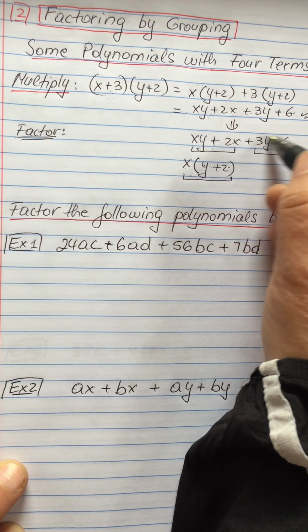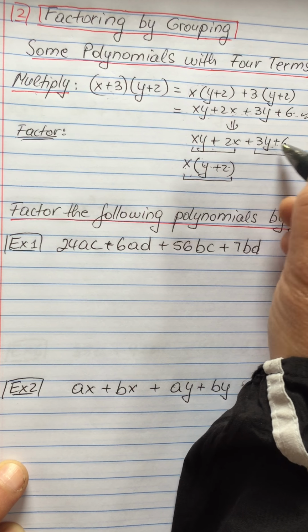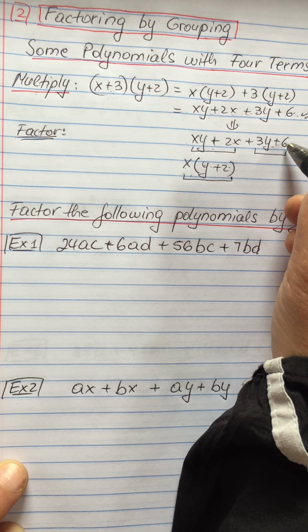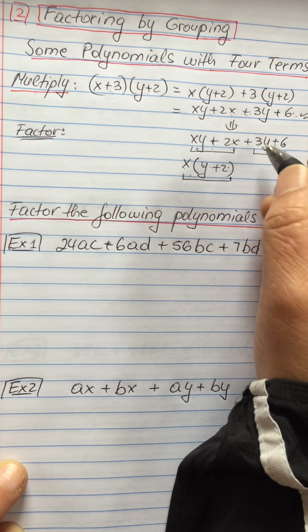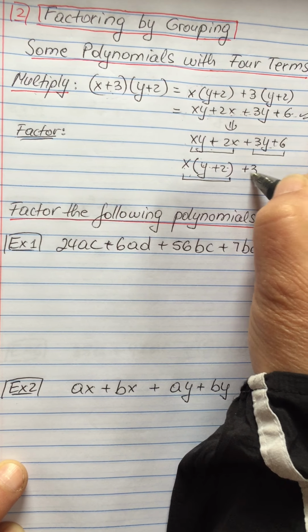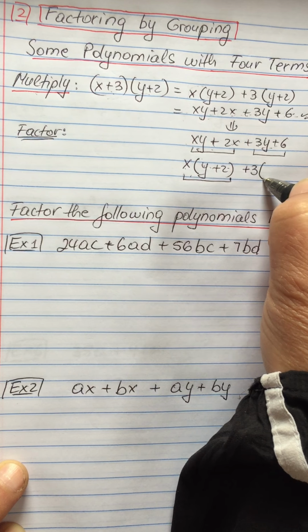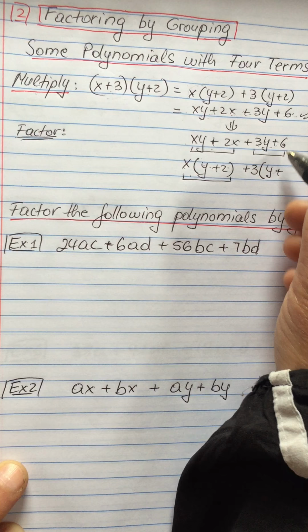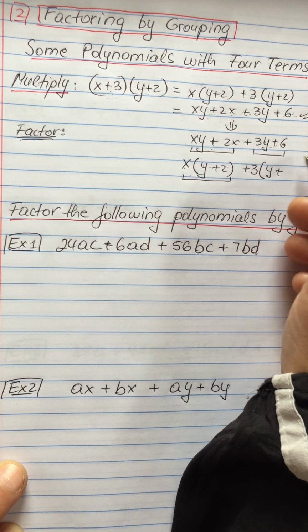Now, on the second group, 3 is the common factor because 6 and 3 are divisible by 3. So 3 is the common factor, y is not present at both, open parentheses, here is left y, and here is left 2. 6 divided by 3, 2.